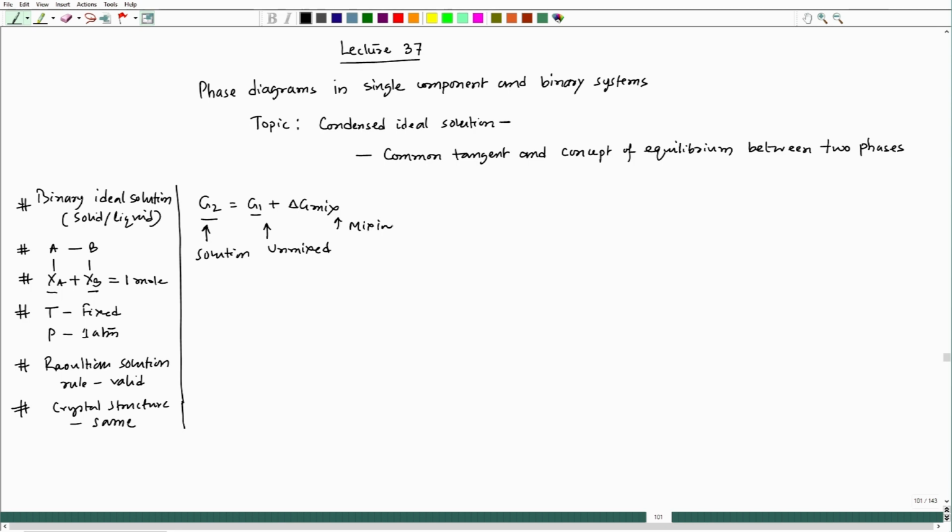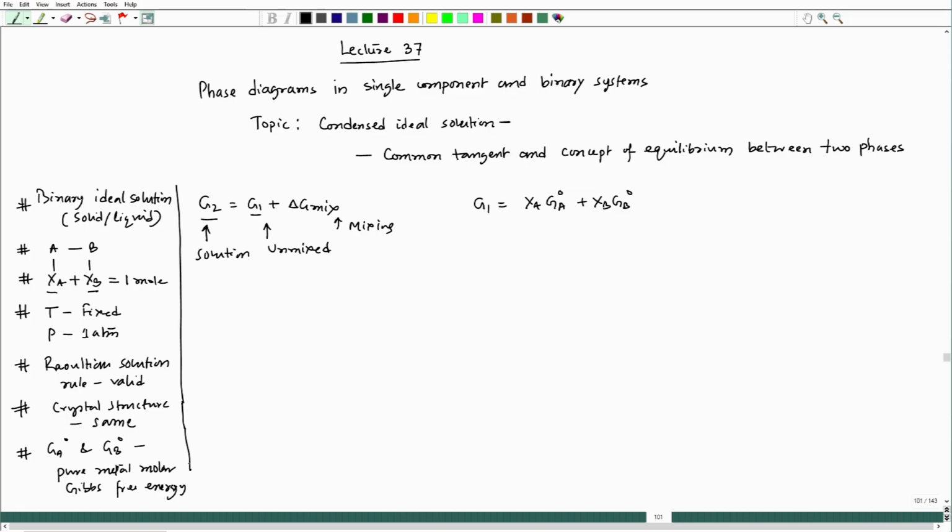Now, G1 can be written as XA GA naught plus XB GB naught, where GA naught and GB naught are basically the pure metal molar Gibbs free energies. Fine. Okay.